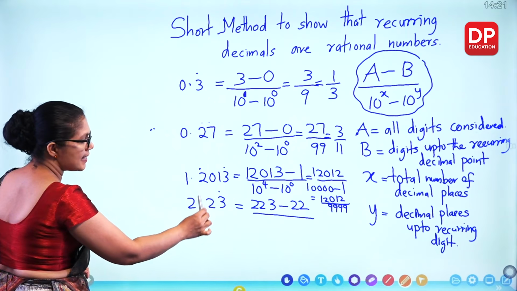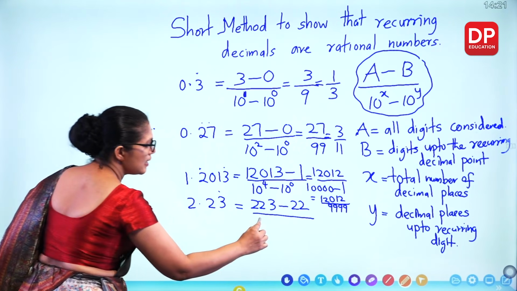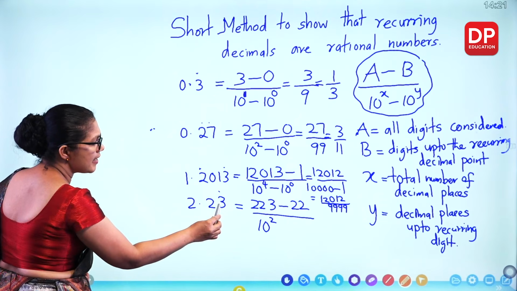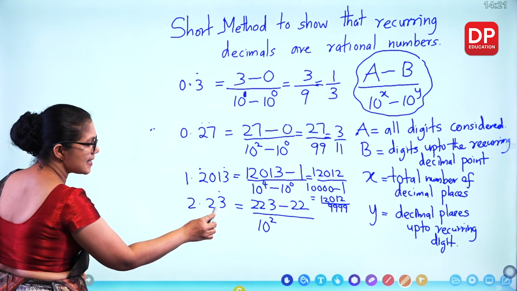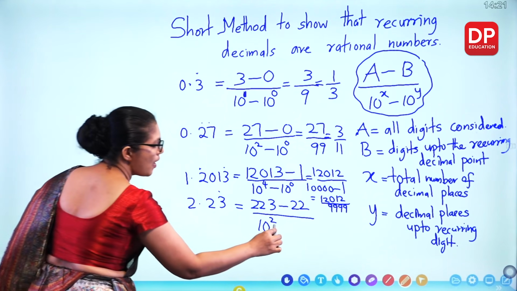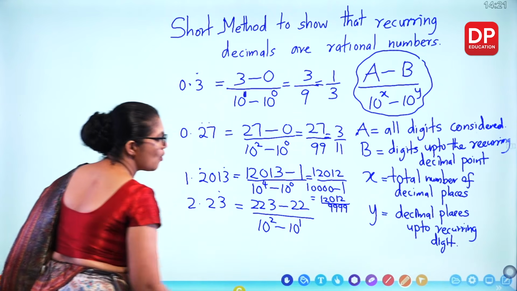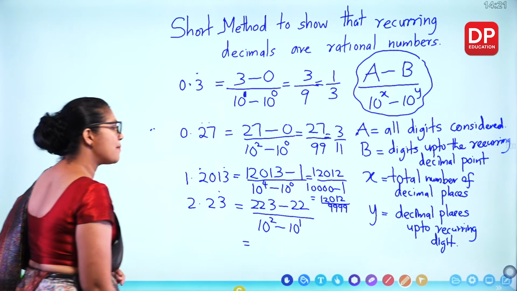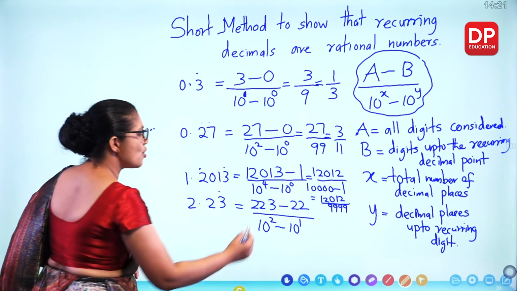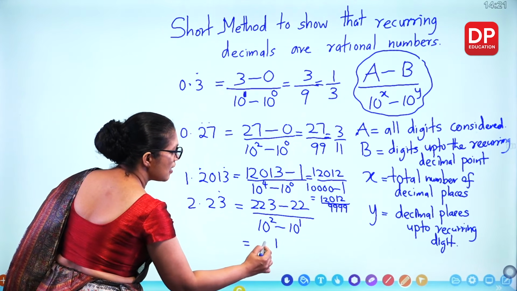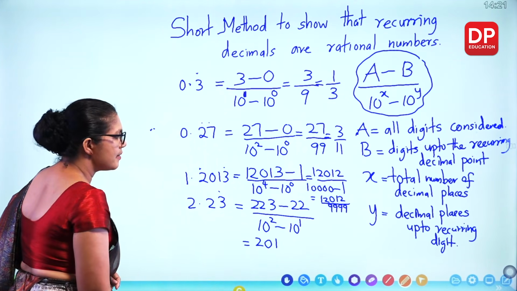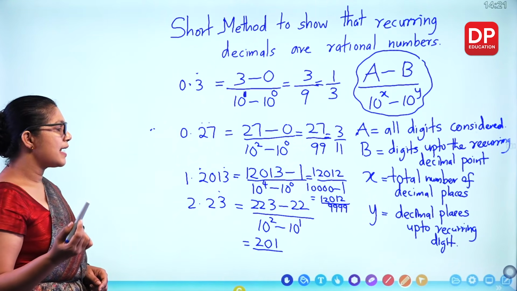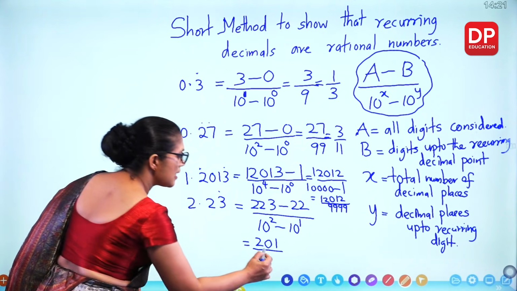And what about this one? How many decimal places in total? 10 squared. And up to the recurring place, how many decimal places? Now we have 1. 10 to the power 1. So when you simplify, what do you get? 223 minus 22, you get 201. Divide by 10 squared, which is 100. 100 minus 10, you get 90.